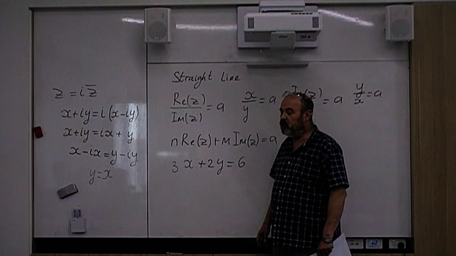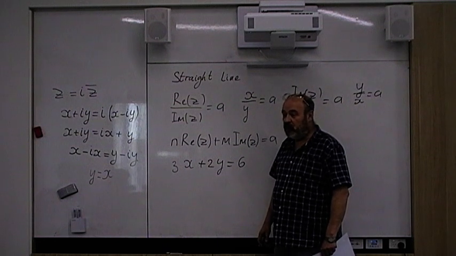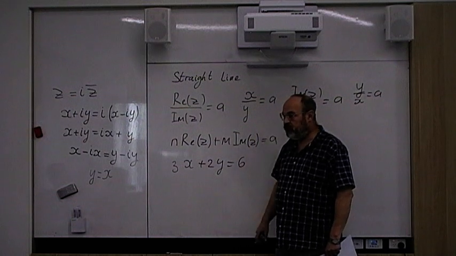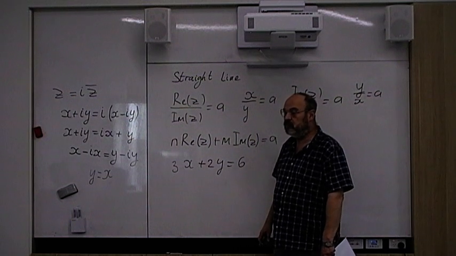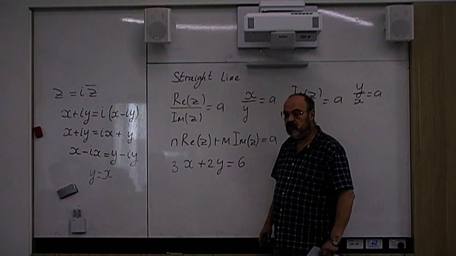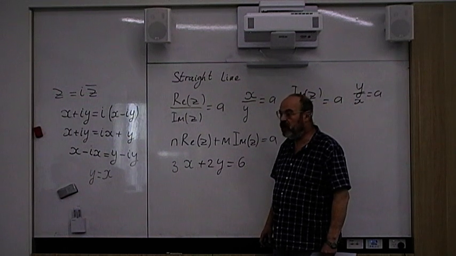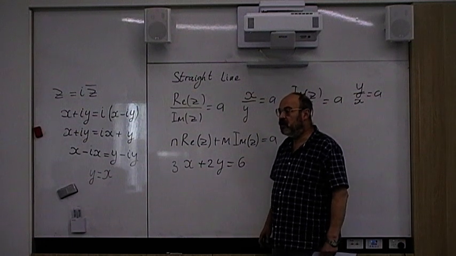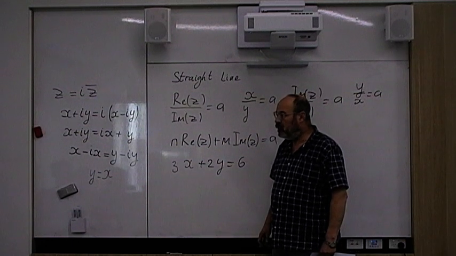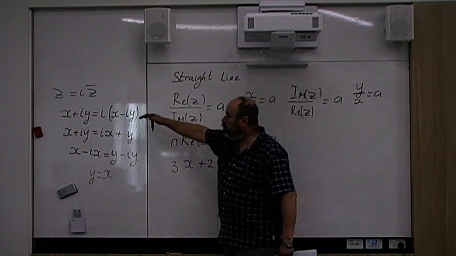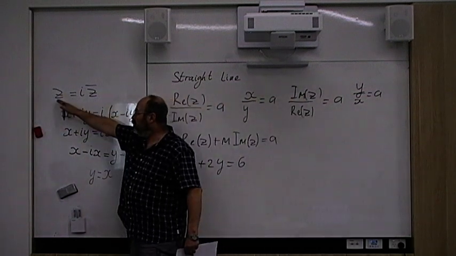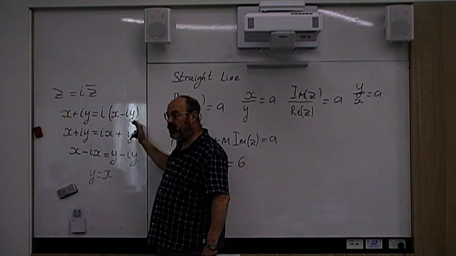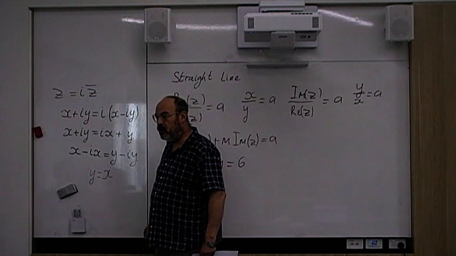We substitute the conjugate instead of just z, so x plus iy, and the conjugate is x minus iy. But how does x equal y? What does the inverse mean?